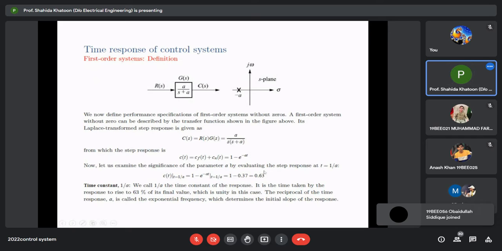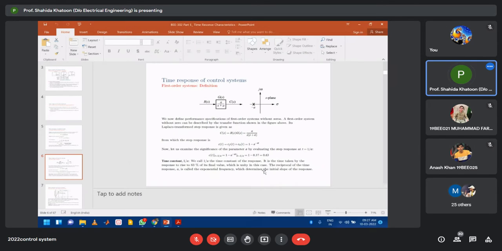So what are the definitions? Suppose we have a first order system with transfer function a upon s plus a. The performance specifications of a first order system without zeros: a first order system without zero can be described by the transfer function shown in the figure.